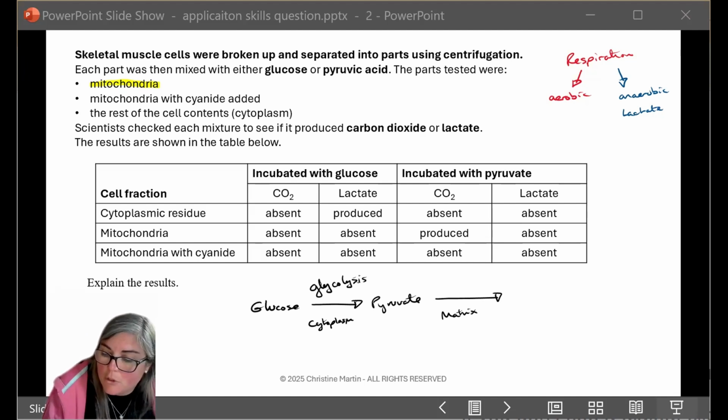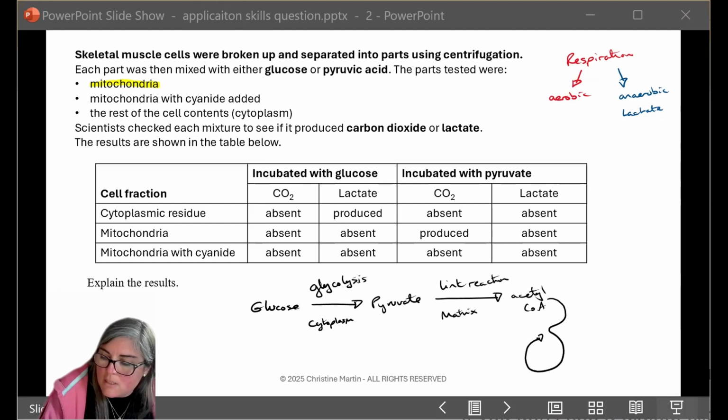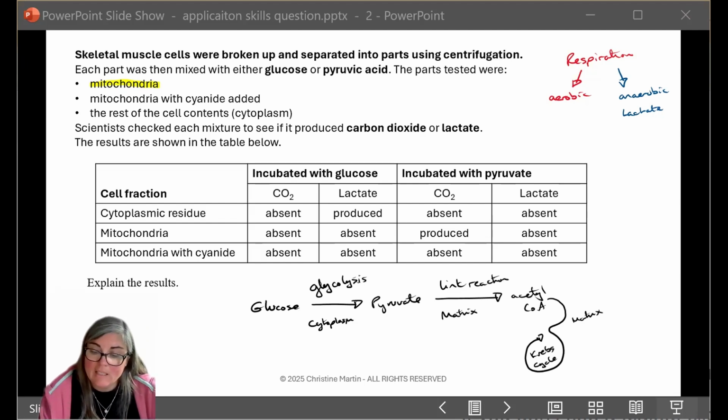It is now going to be changed in the link reaction to acetyl coenzyme A. Now, acetyl coenzyme A can then be taken and used in the Krebs cycle. Again, the Krebs cycle, we're looking at the matrix inside the mitochondria. Now, that's just my little hint to myself.